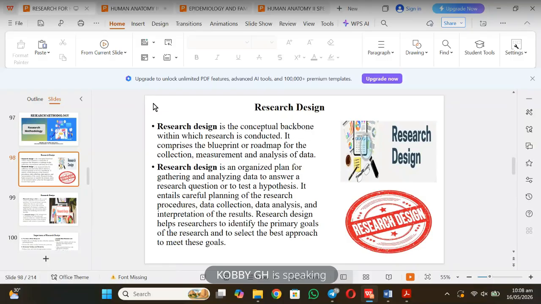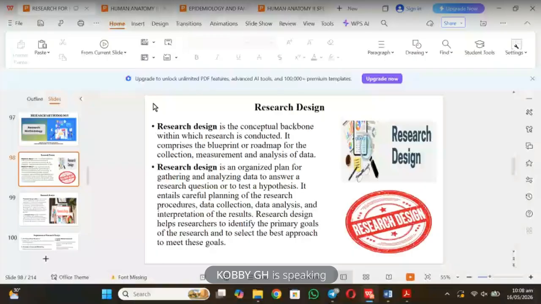Now, if someone is doing research and you open the person's work and you see the person is presenting data in the form of frequency tables, please write them down. Or, for example, your group wants to present your results with graphs, pie charts, frequency tables, automatically you are going to do quantitative.